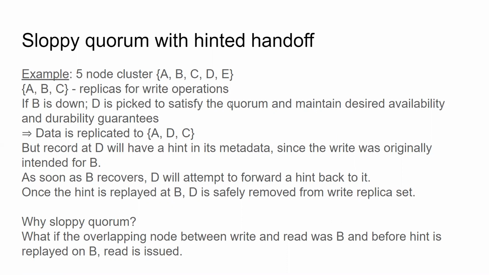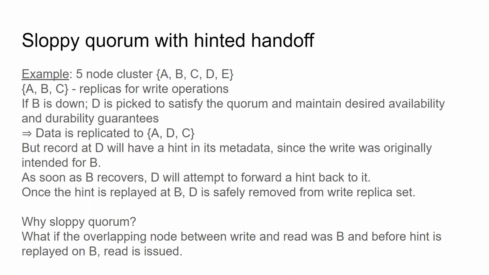So even though you have a quorum for your write operations, you are taking into account that in the real world, things can break when you're actually processing writes. So this is one approach. Now, why is it called sloppy quorum? What if the overlapping node between my read and write quorum was B?